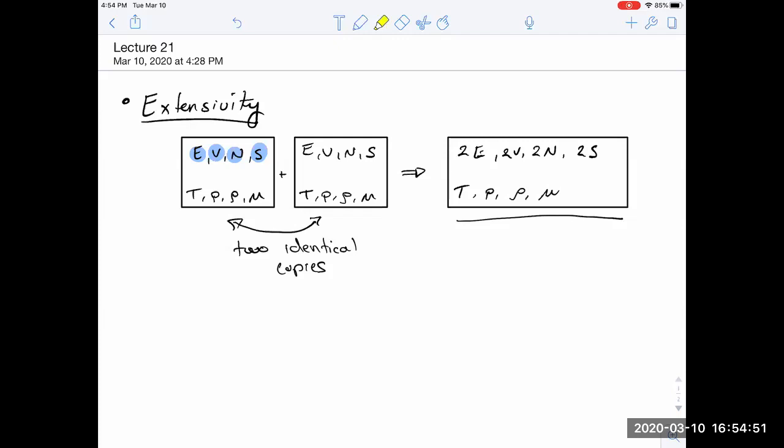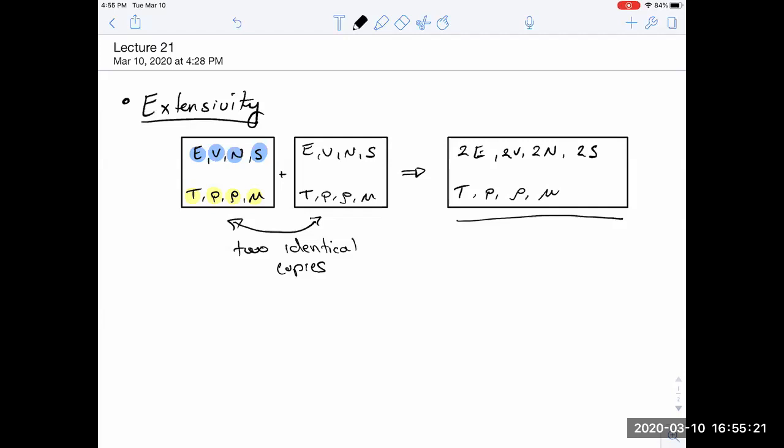So I take two copies, I put them together, I get twice as much energy, for example. Those variables are to be contrasted with so-called intensive quantities, things like the temperature, the pressure, the density, or chemical potential. Those are quantities which thermodynamically, when I put together two identical copies, remain the same. If I put two systems with the same temperature in contact with each other, I get a system at that same temperature back out.